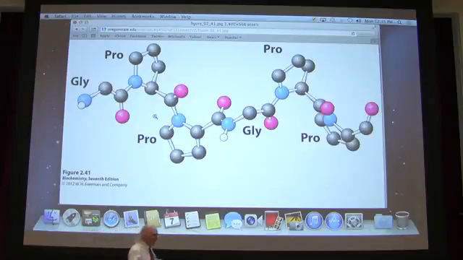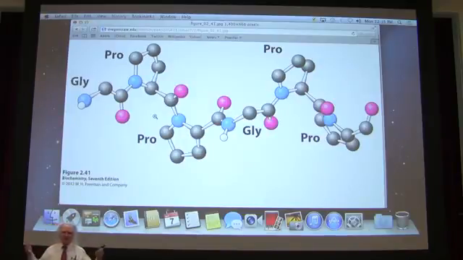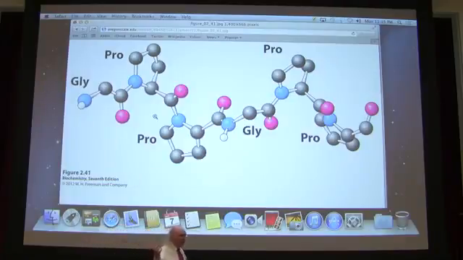Now, I tell you that because vitamin C, I told you, was necessary to make those hydroxyl groups. If we are deficient in vitamin C, we develop a condition known as scurvy. And scurvy is not something you want to experience, because what happens is you literally fall apart. Your collagen is very weak. The rubber band at the end of your hair or at the end of your collagen isn't holding stuff together.